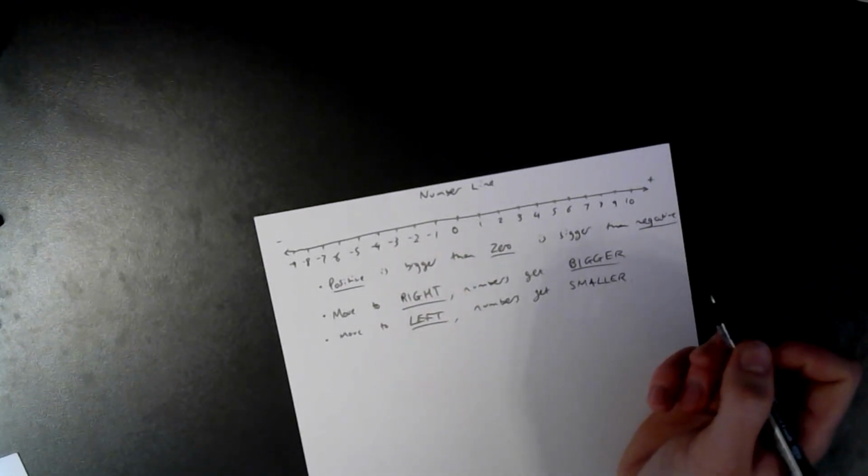Okay. So that's a lot of writing. We like to, in maths, make it a bit more simple. And the way that we're going to do this is by introducing some new symbols.